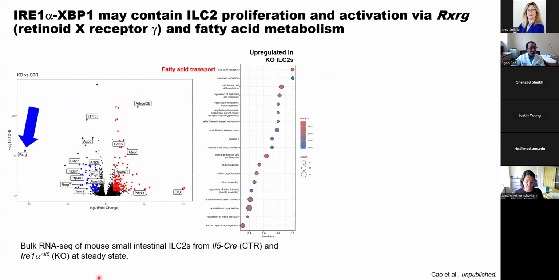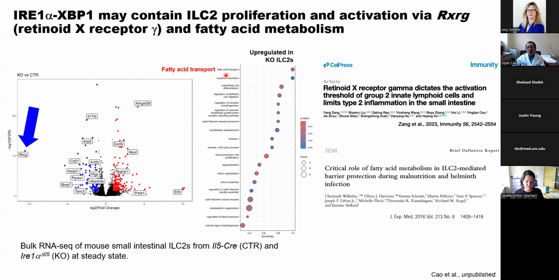Next, I tried to figure out the underlying mechanism of those changes. I performed bulk RNA sequencing of mouse small bowel ILC2s from the control and the conditional knockout mice. Here, one of the most suppressed genes from the sequencing is the gene encoding retinoid X receptor gamma, and one of the most upregulated pathways in the knockout ILC2s is related to fatty acid transport.